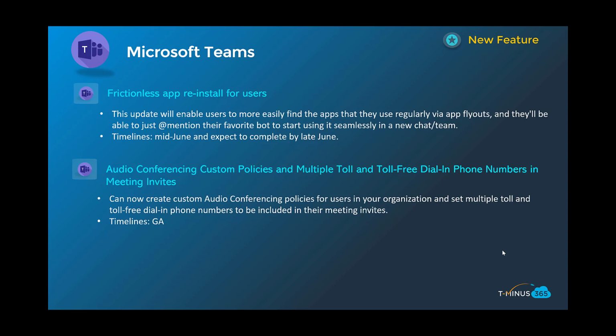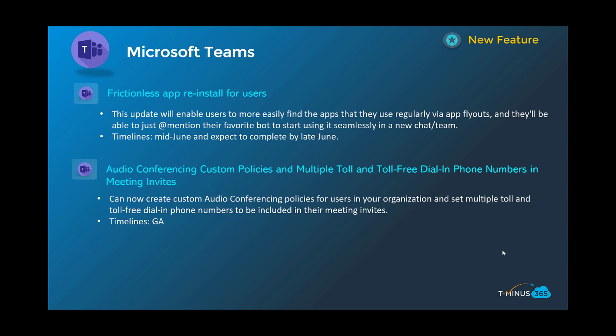Last one here is related to audio conferencing for the policies and toll-free dial-in phone numbers you have for meeting invites. This is a nice-to-have feature, I would say, where they're adding the ability to have multiple phone numbers associated to a user so they can have that for the meeting invites. This is particularly applicable when you talk about other geographies outside of your particular region.